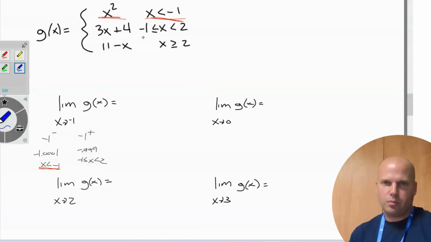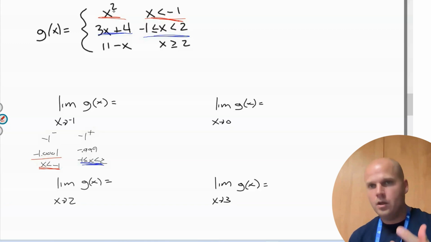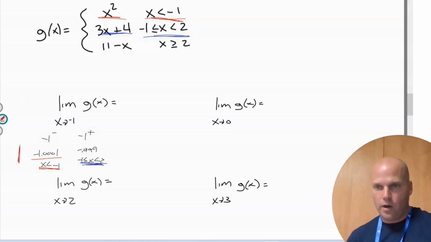So I'll denote that with blue. Okay. So this number gets plugged into the blue. This number gets plugged into the red. Let's do that. If I plug in this number, I'll get something infinitely close to what I get if I plug in negative 1. When I plug in negative 1, I get 1. So that's the left-hand limit, 1.